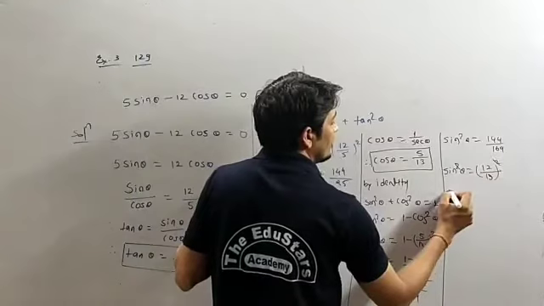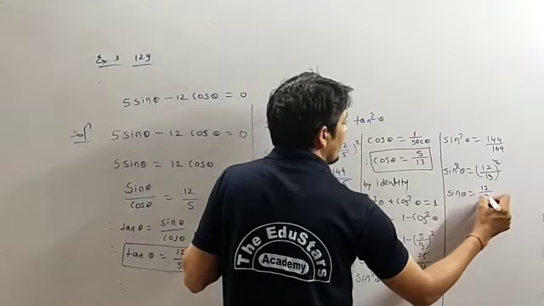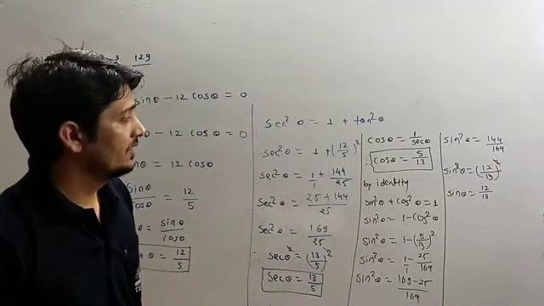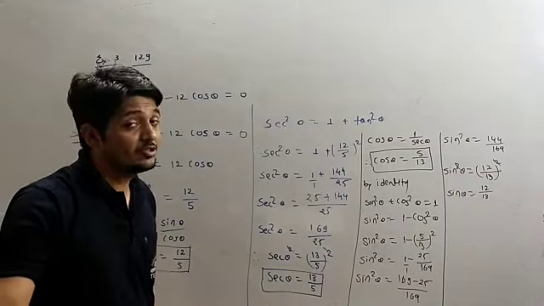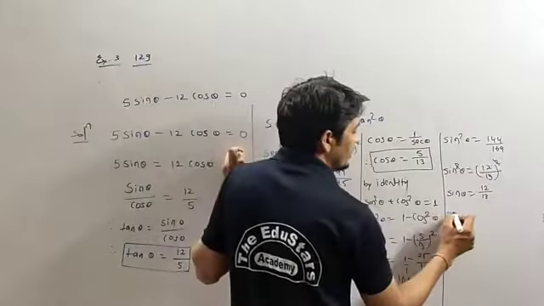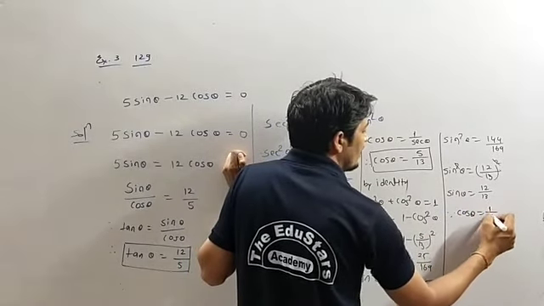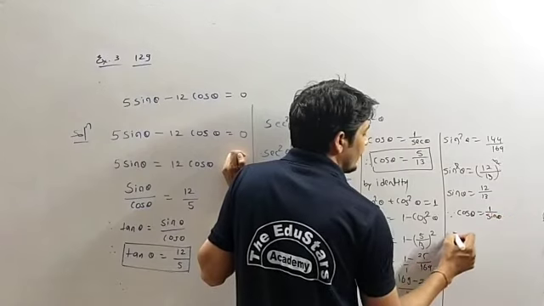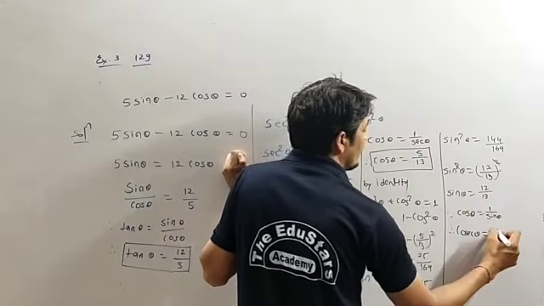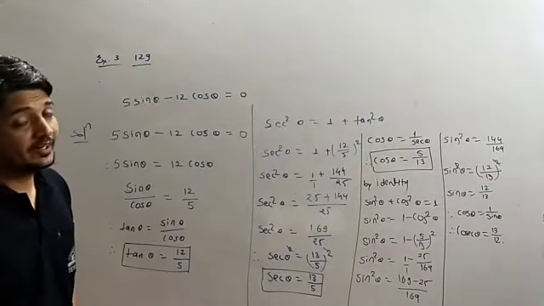Sin theta equals 12 divided by 13. Now we have to calculate the value of cosec theta, which is the reciprocal of sin. Cosec theta equals 1 divided by sin theta, therefore cosec theta equals 13 divided by 12. This is the way we calculate the values.